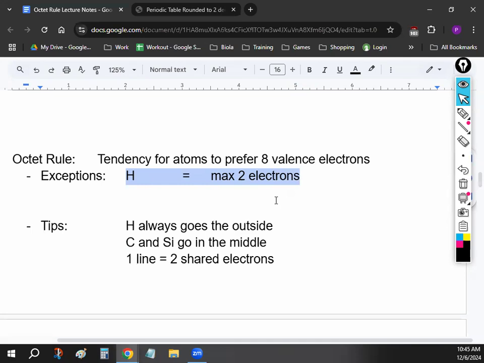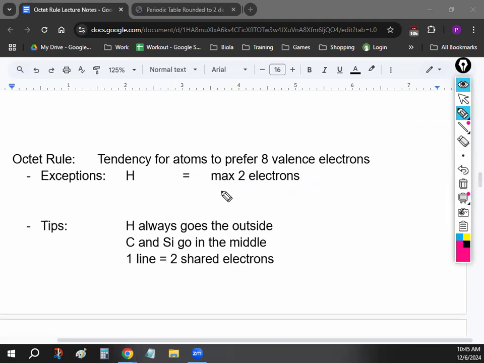Hydrogen can only have 2 electrons. Make sure you write that down. Another way you can think of it is hydrogen can only have 1 line next to it.